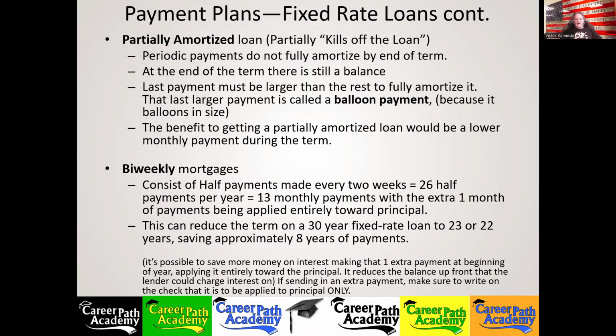How much would you pay back if you borrowed $300,000 at a 5% interest rate over 30 years? Anyone got a guesstimate for me? It's about $585,000, $590,000.